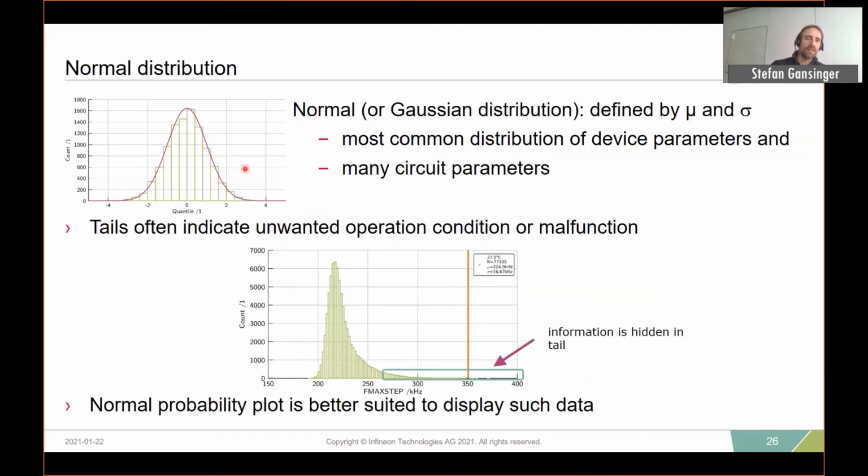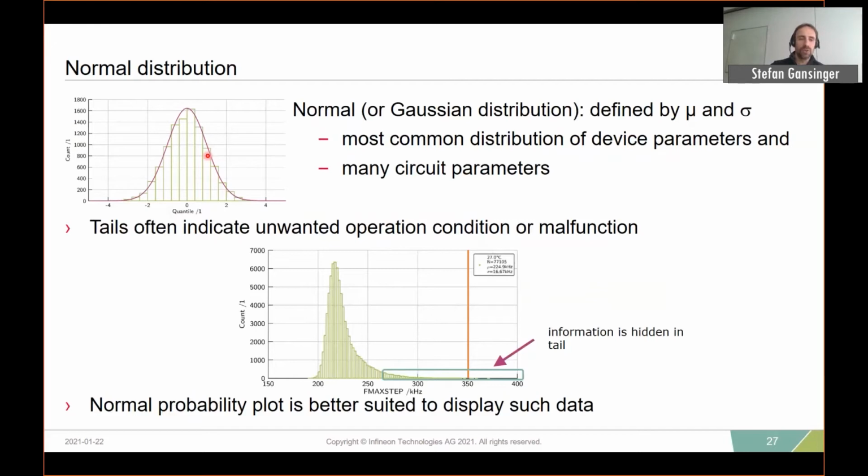The way the histogram looks is, of course, given by the statistical function or the distribution which is behind. A very common distribution, which is very typical in analog chip design, is the normal distribution or the Gaussian distribution. This is the same, but with two different names.